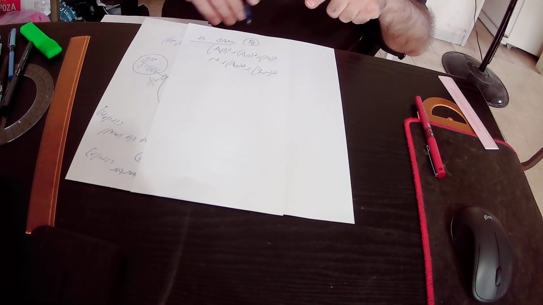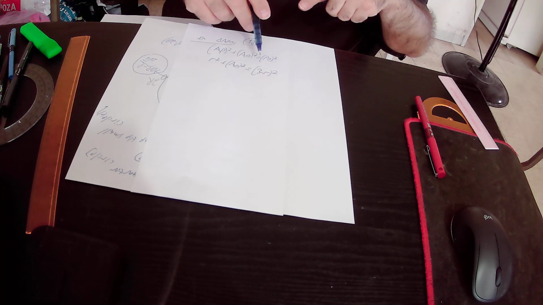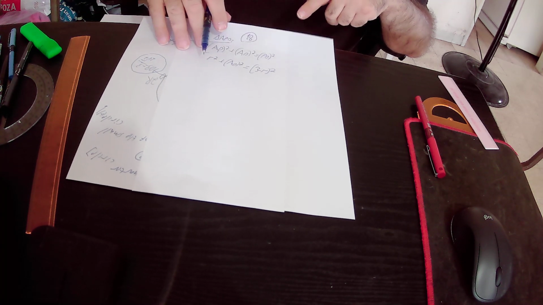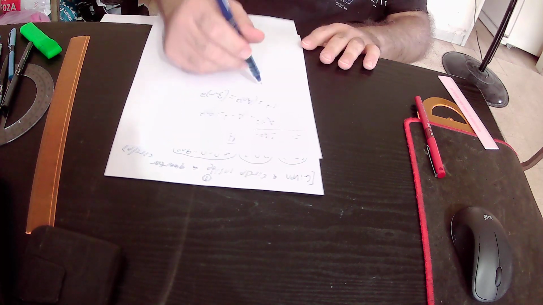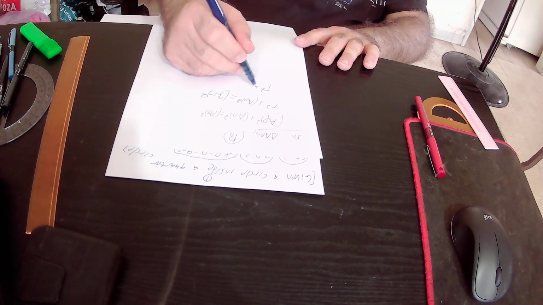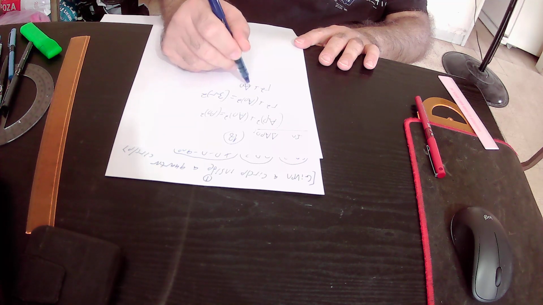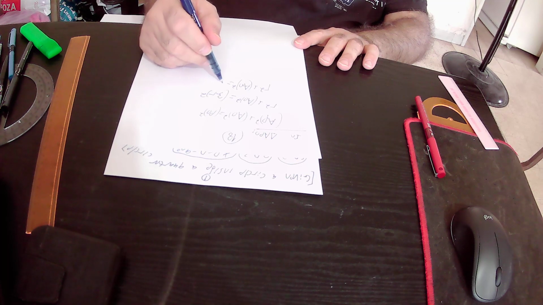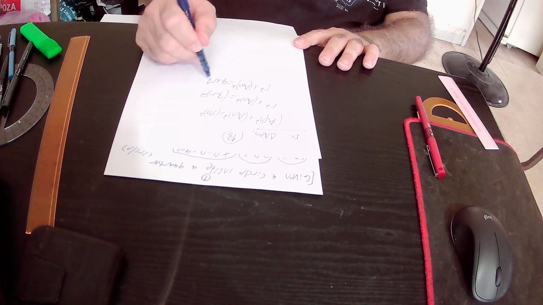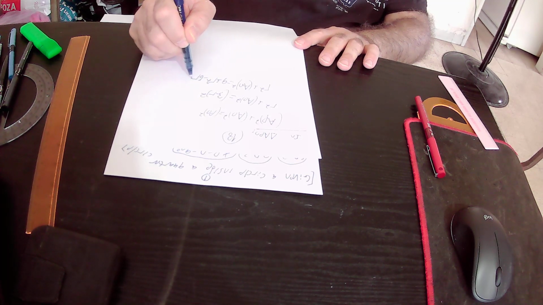Here we will open the brackets on this side of the equality, and we will get that r square plus AO square equals 9 plus r square minus 6r.